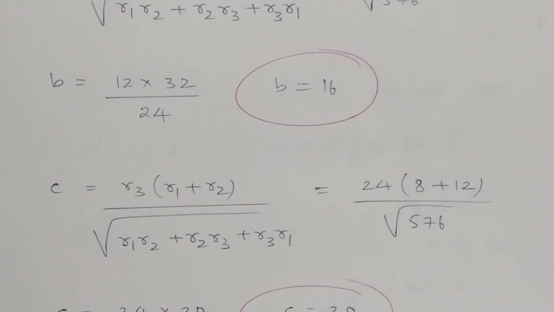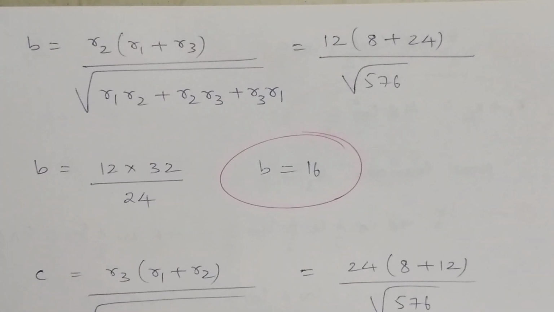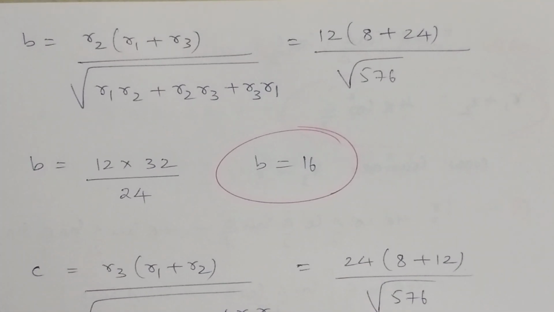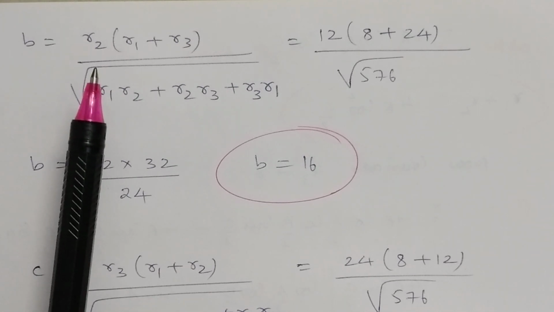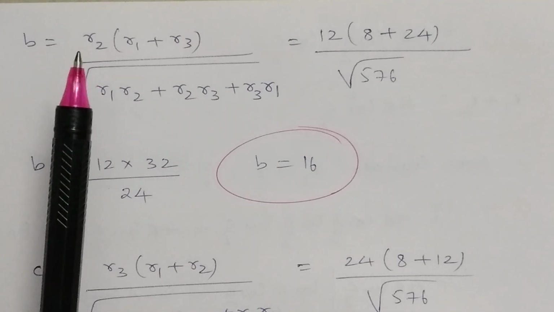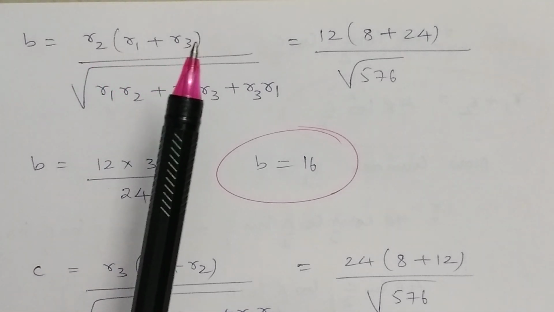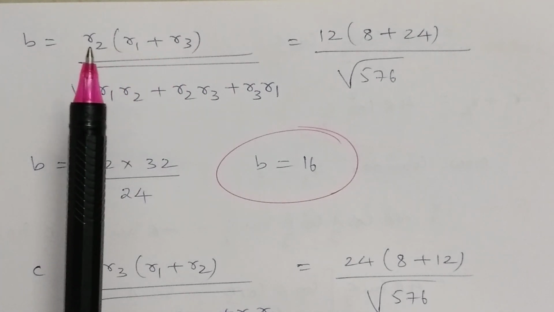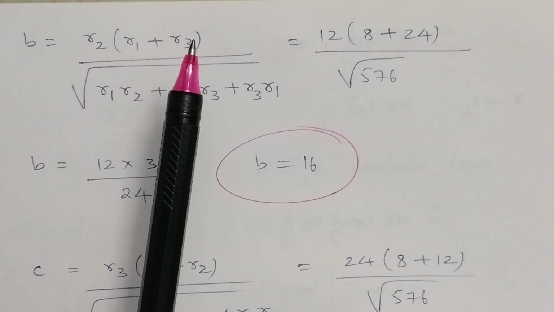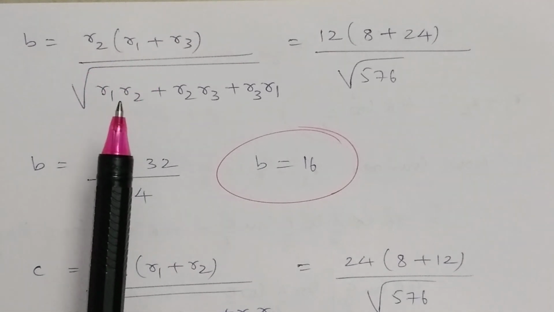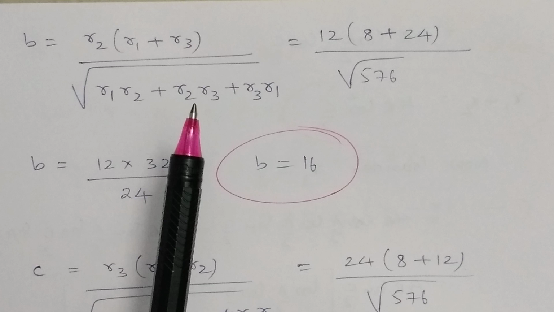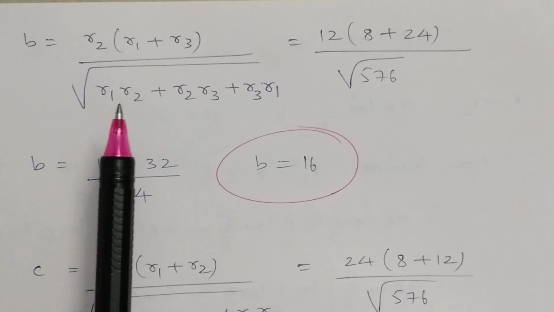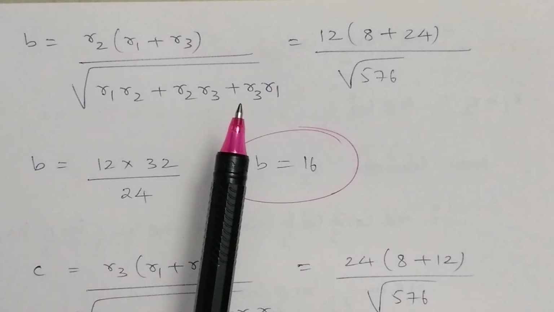In a similar fashion, we try to find B. B stands for alphabetical order 2, so R2 is outside, and the remaining R1 and R3 are inside the bracket with plus. So R2 into (R1 plus R3) by the denominator, which is the same for all three A, B, C, root over R1 R2 plus R2 R3 plus R3 R1.